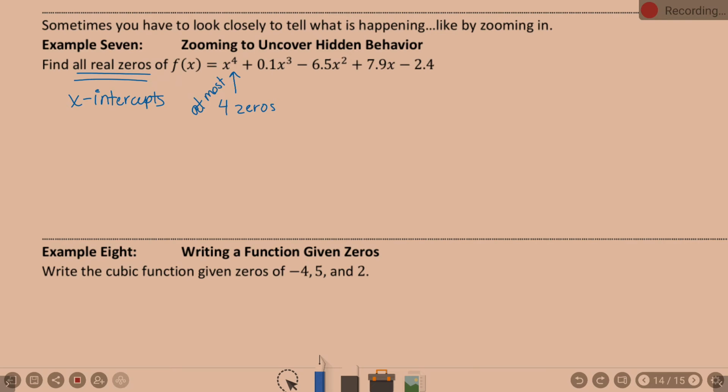Now, with that in mind, can we find the first one pretty easily? How do we find zeros? Isn't it where it crosses? Yeah. And remember, you can use your second calc and go to number 2, zero. Now, on that one, if we start with the one on the left, you could zoom in.